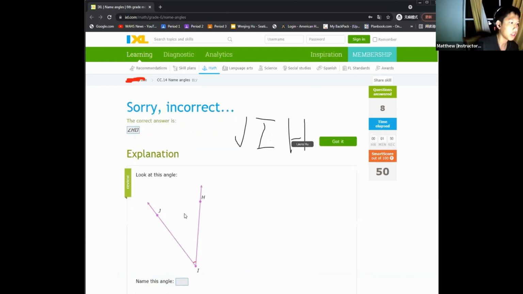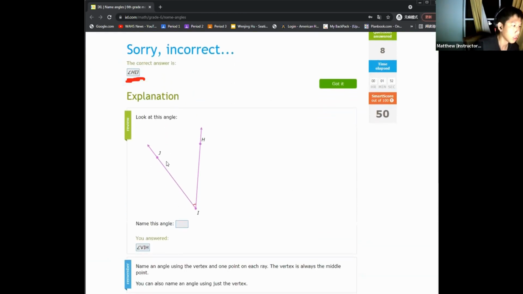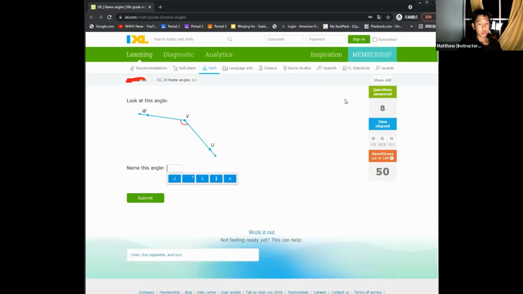H is correct. Oh wait. I feel like I misread that, and I'm gonna say that's my mistake instead of you miswriting it. WVU is correct. Why is my keyboard not working? There we go.